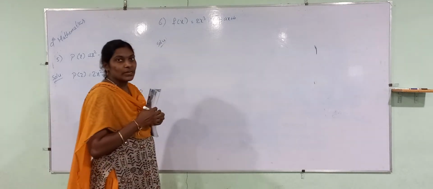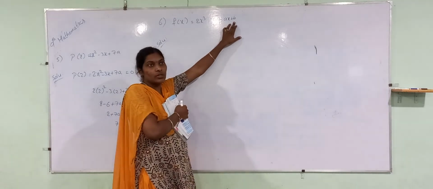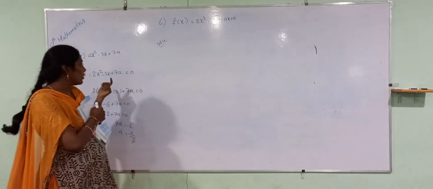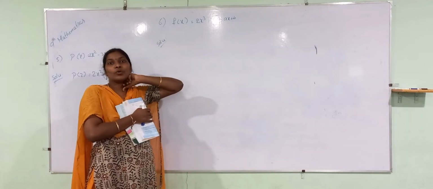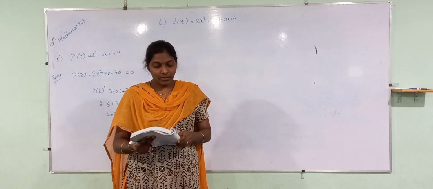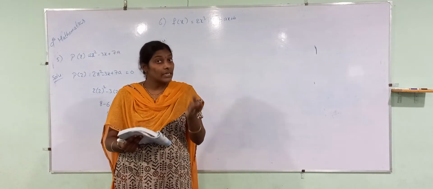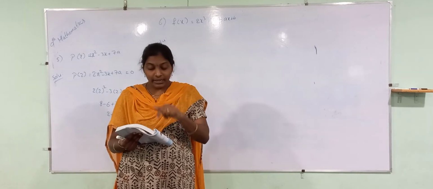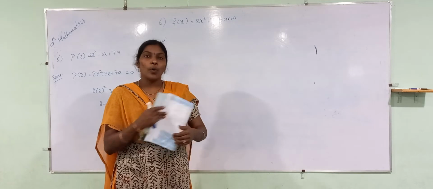So in this expression, they ask us to find two values. If it is only one, we can easily find it. If it is two, what do you have to do? See, for that they give one simple thing like 0 and 1. Both these values are zeros of the polynomial.